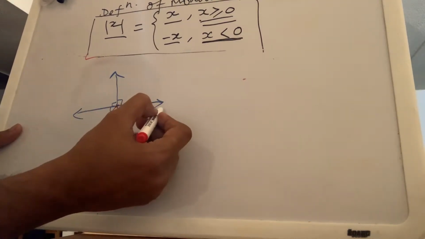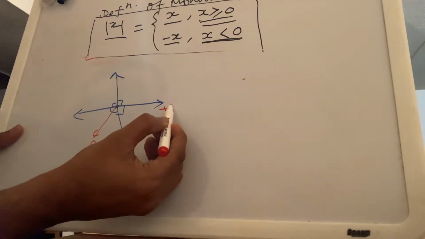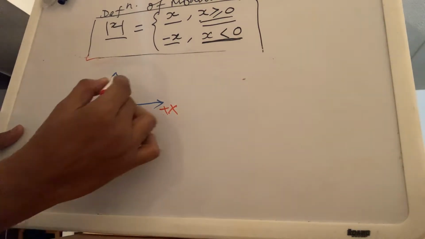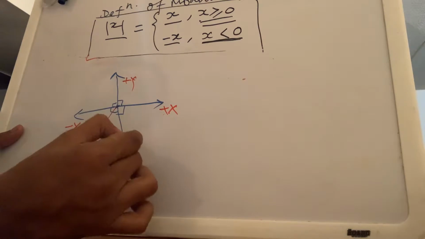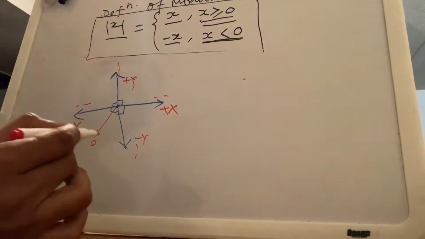The right side is positive x, this is negative x, this is plus y, this is minus y.